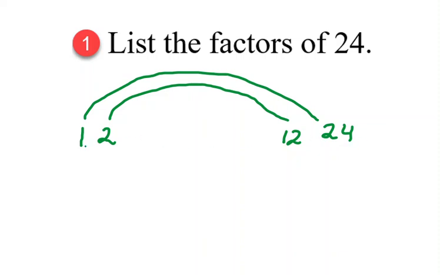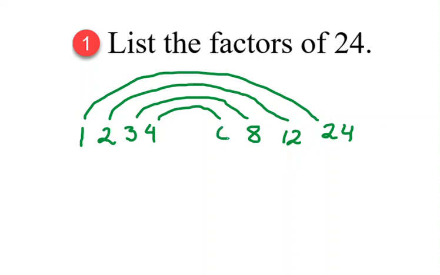Okay? We tried the ones, then we tried the 2. Now we're going to try threes. 3 times what equals 24? Right. 3 times 8 equals 24. Okay? And now we're going to try the fours. 4 times what equals 24?